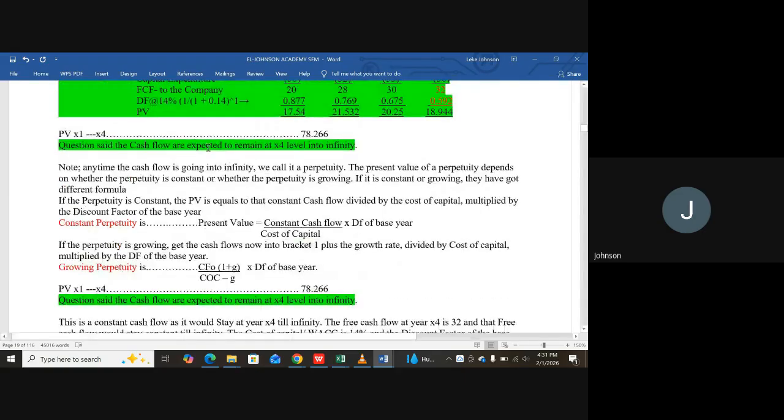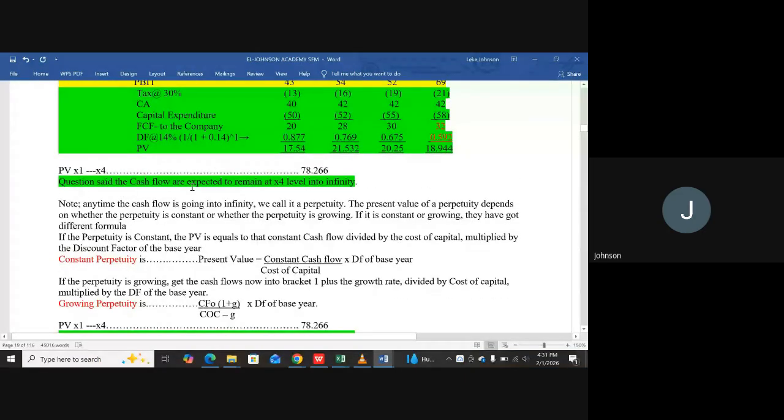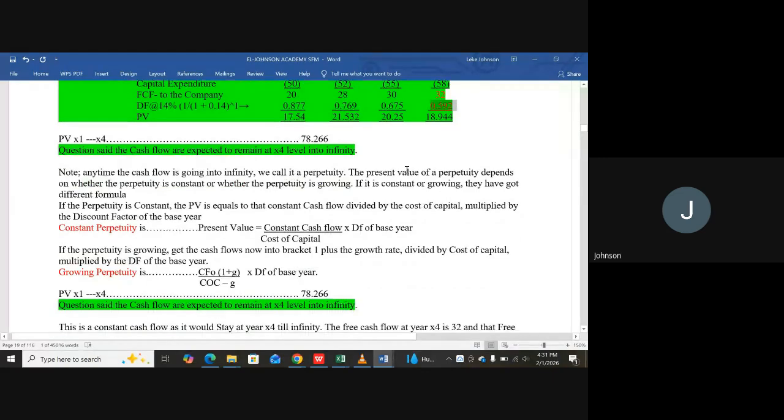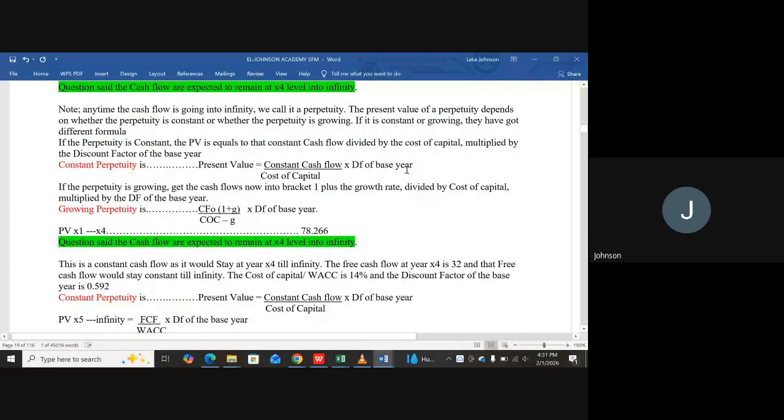So now, if this perpetuity is constant from year 4 to infinity, and the base year is year 4, we check what is the discount factor that we use for year 4. Then what is the cash flow of year 4? You also check it. It's going to be useful in our formula.